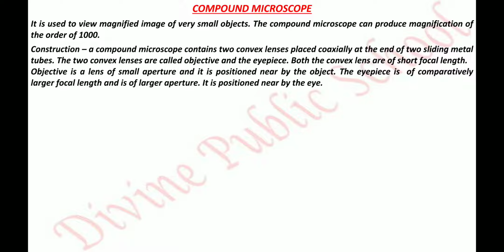But the focal length of the eyepiece is comparatively larger than that of the objective. I'm not saying it is a big value; it is a short value, but comparatively larger. That means the focal length of the eyepiece is greater than the focal length of the objective.